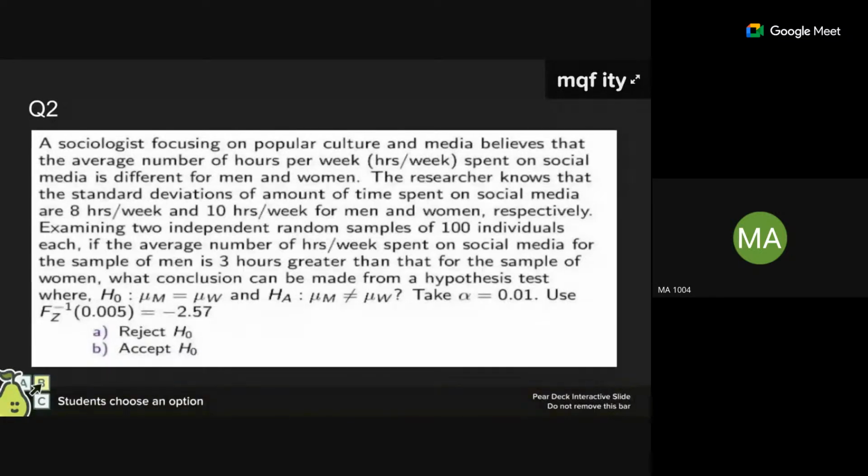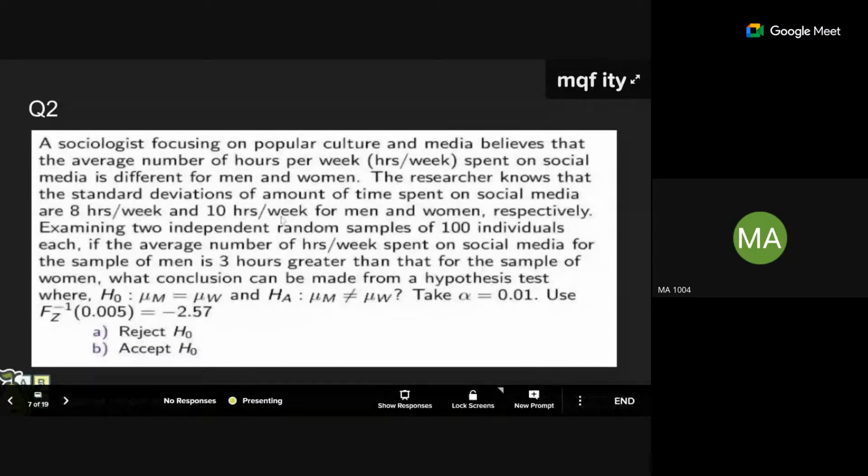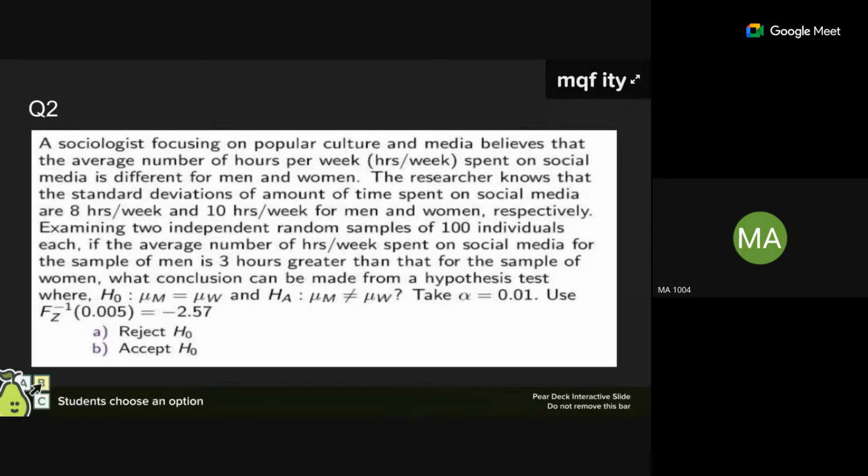So what the question is about: there are two samples. This is a two sample test. One is about the amount of time spent on social media by men and women.